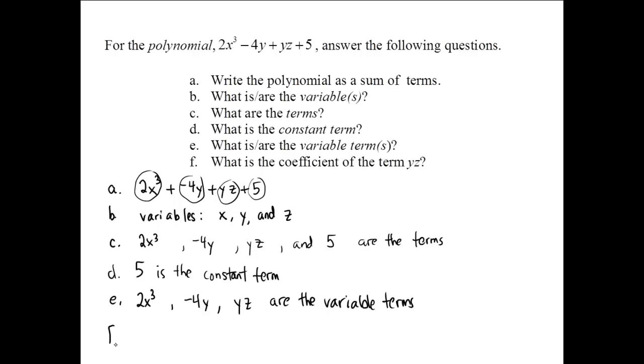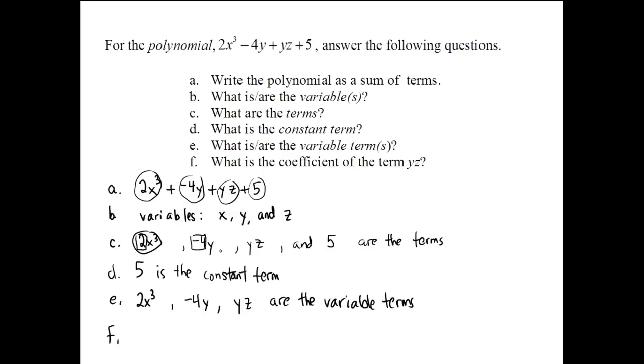Question F. What is the coefficient of the term yz? We'll answer a slightly different question. What is the coefficient of the term 2x cubed? The coefficient is the real number multiplied, usually, at the front of the term. 2 is the coefficient of 2x cubed.